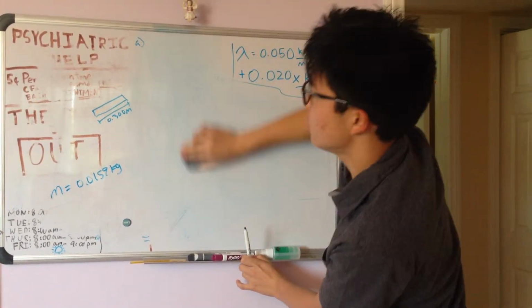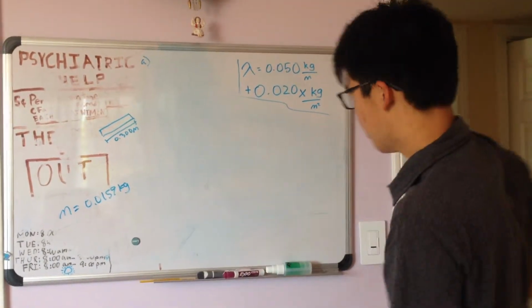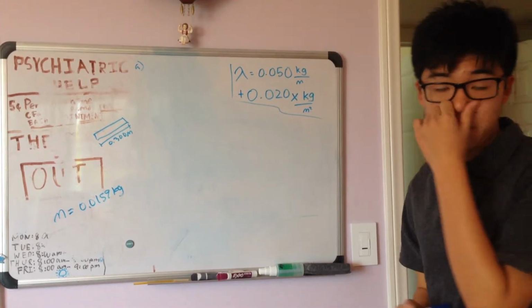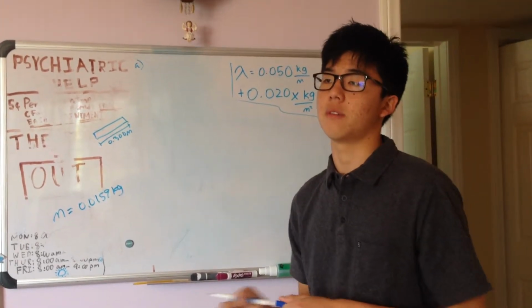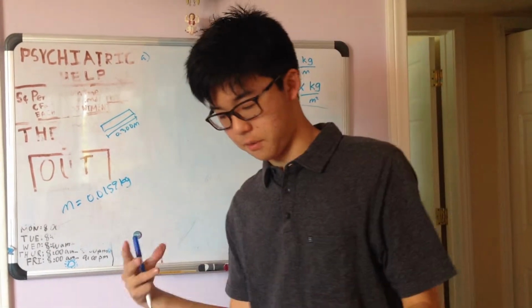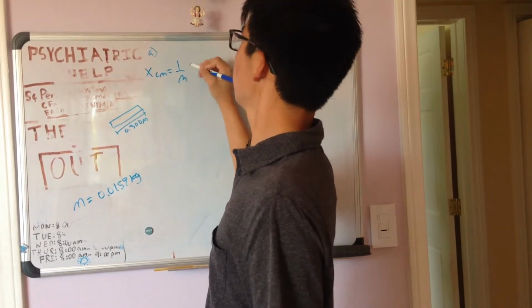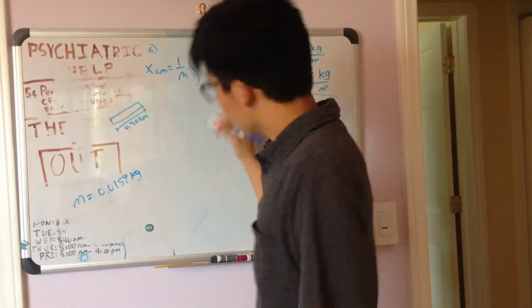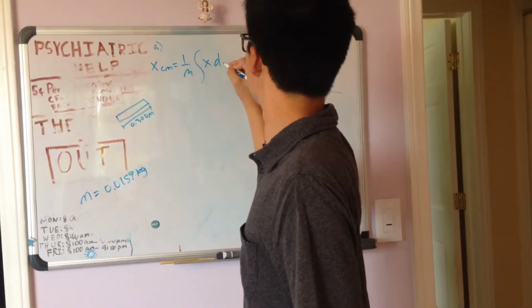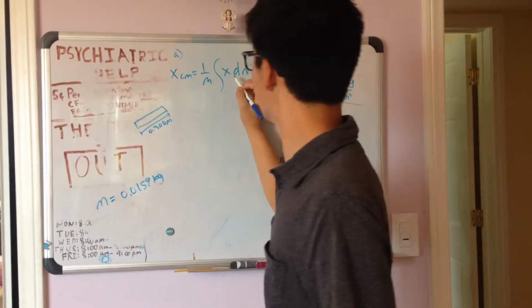Now part B asks you to find how far the center of mass is from one end of the rod. And to find that, we're going to have to use a formula that was given to us in lecture. So I'm just going to take this formula straight from lecture. x_cm equals 1 over m times the integral of x dm.